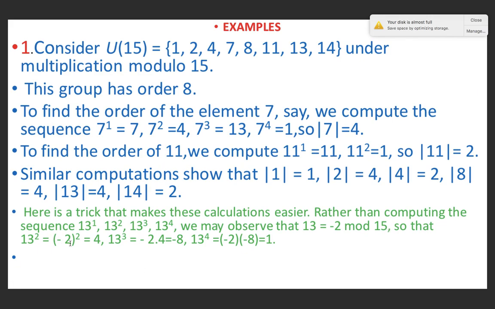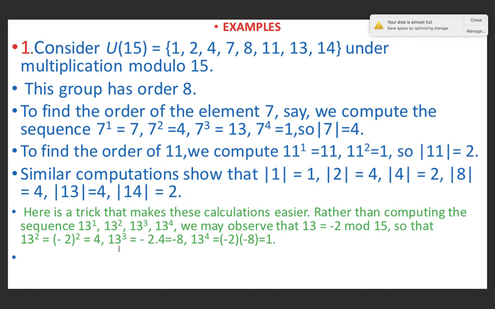13 squared is equal to minus 2 whole squared. Minus 2 whole squared is 4. If we divide it by 15, the remainder is 4. So now it is easier to calculate, rather than calculating 13 squared, a big number which is 169, so the calculation is lengthy.